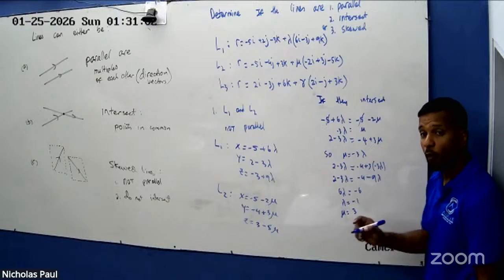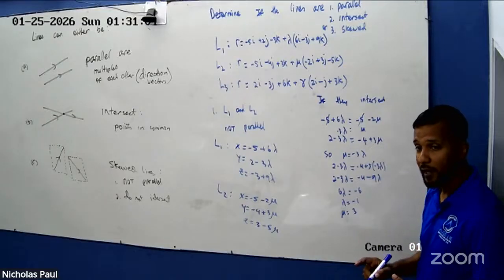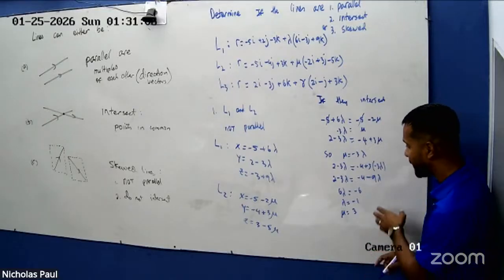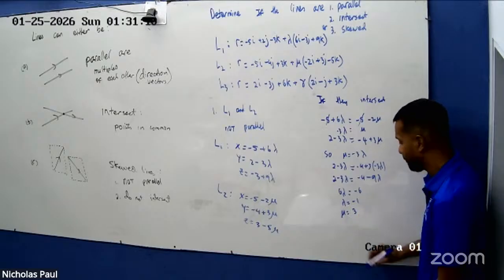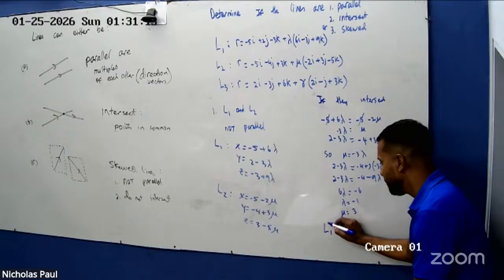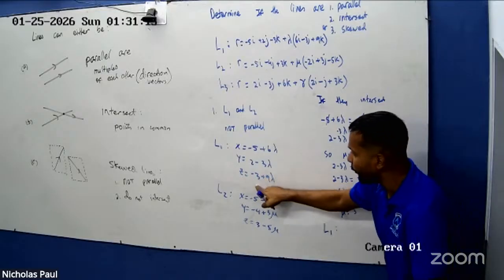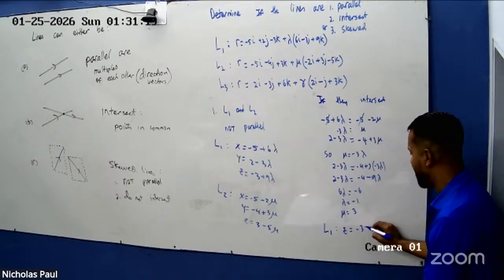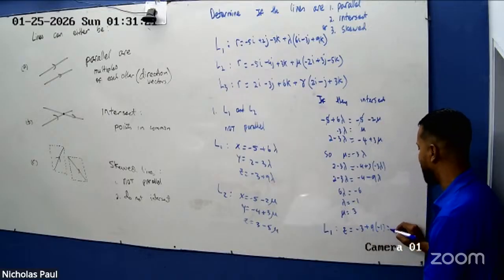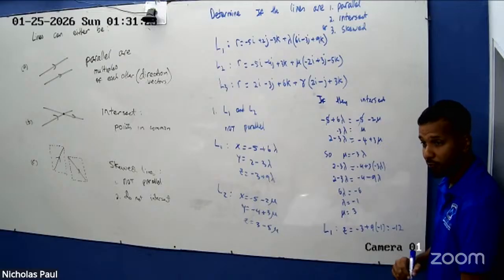Right, now is the important part. We found lambda to be minus 1 and mu to be 3. So here's what we're doing. For L1, we're going to find z. z is equal to minus 3 plus 9 times minus 1, which is minus 12. Good? You okay with that?